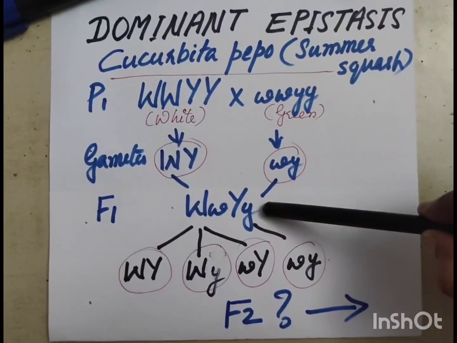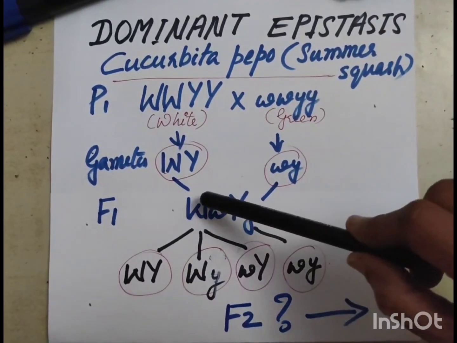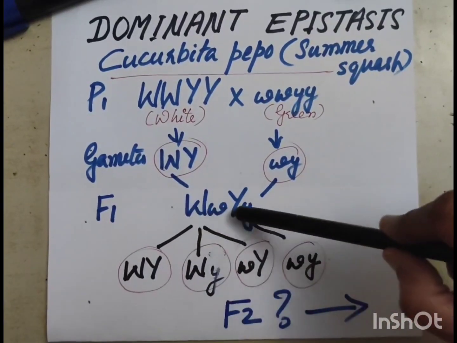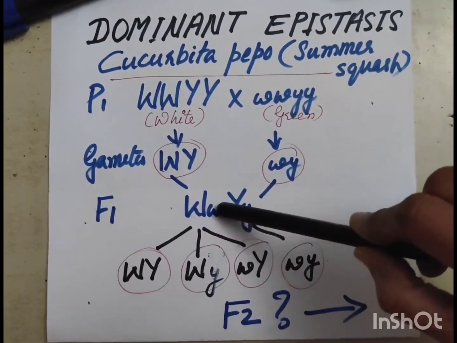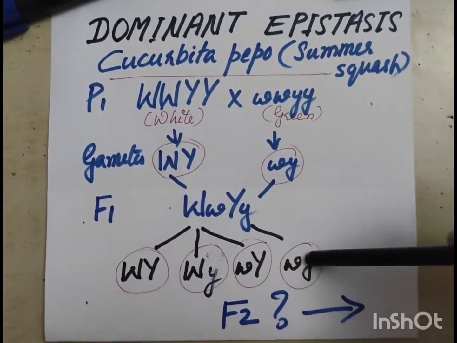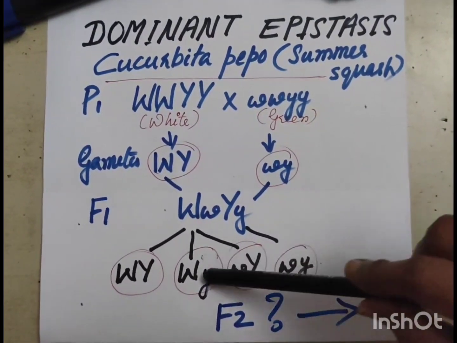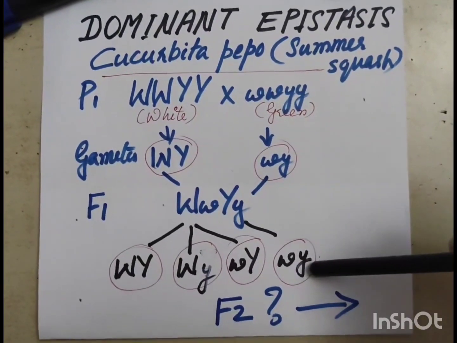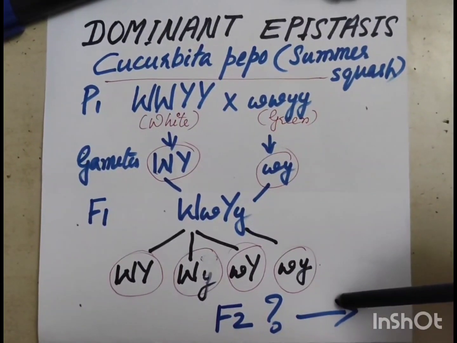Now, what are all the different gametes that can be produced from this? Capital W capital Y, capital W small y, small w capital Y, and small w small y. So, these are the four types of gametes which can be produced from this F1 individual. Now, what about the F2?